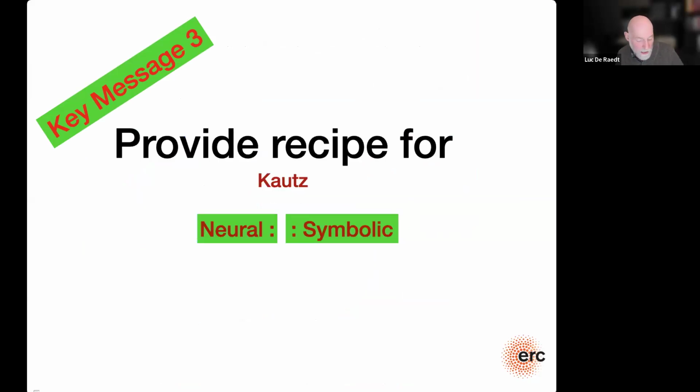And then finally, I've given a recipe that is fairly general and that can be used to either explain existing algorithms, existing frameworks, existing models for Neurosymbolic, or else to derive some new models. And that's also what we regularly do.